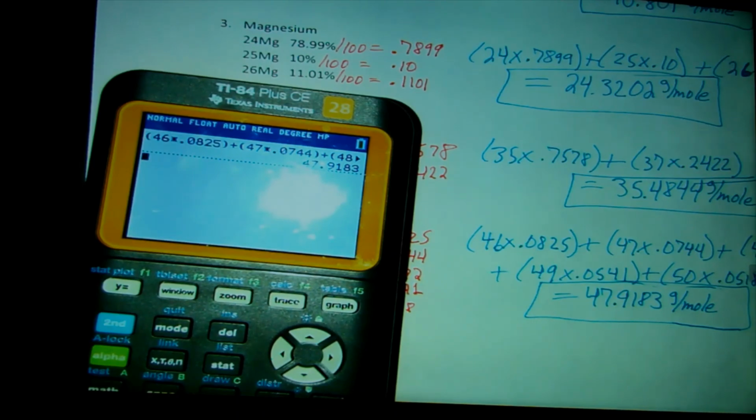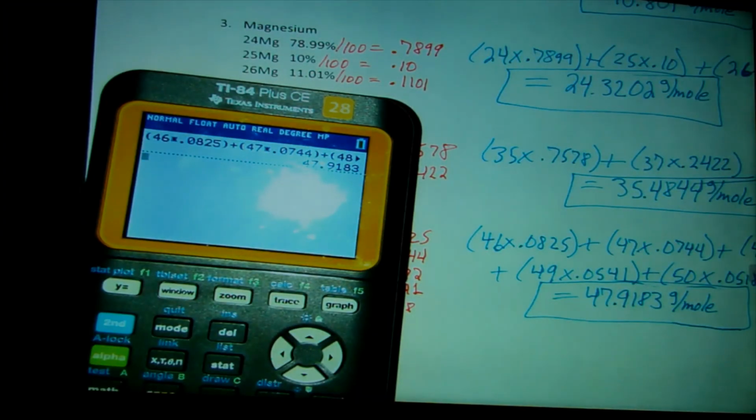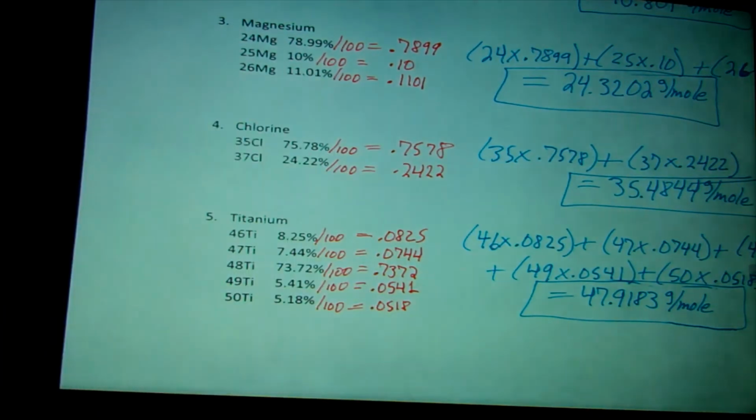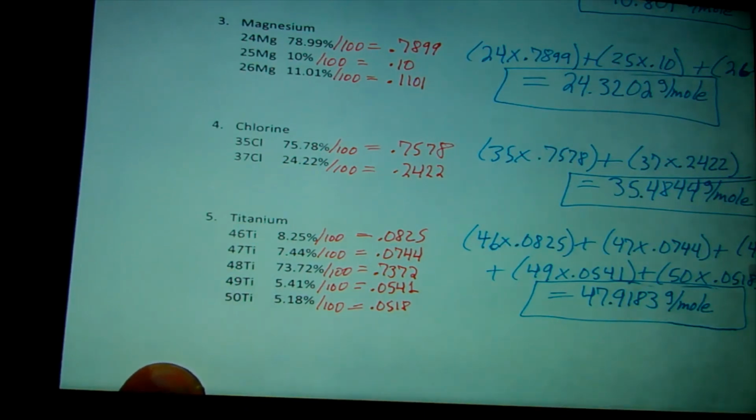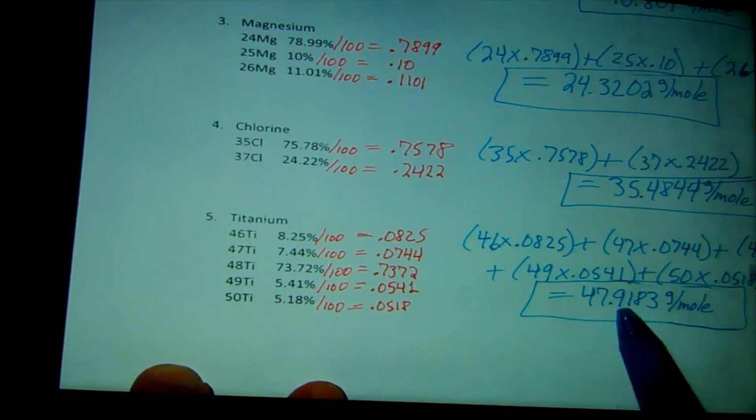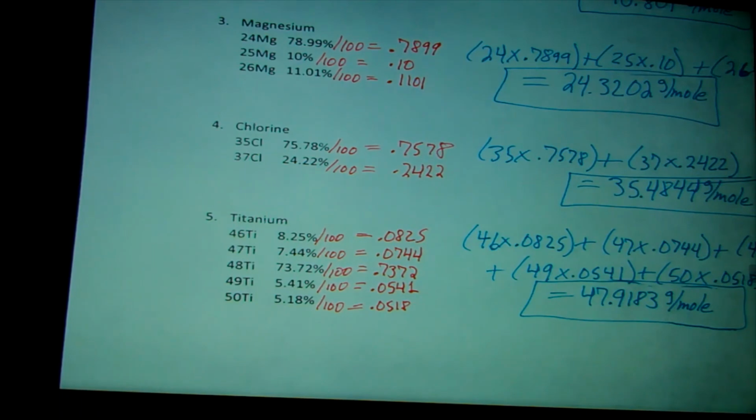Let's look on our periodic table, see how that stacks up. We get 47.88 on the periodic table. This one's a little farther off, but still a really close number on that. And then look, I know at first glance you're going to say, that's not close to 48, Mr. Hall. Take a closer look, 47.9. That 47.9 is really close to 48.